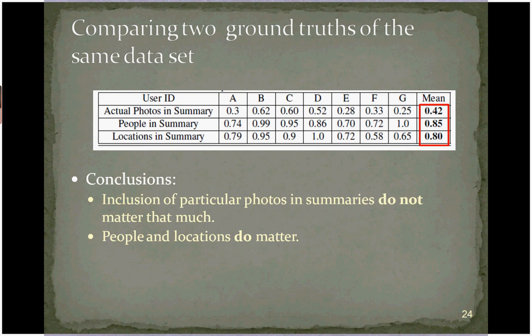We find that there exists only 40% mean overlap between two summaries of the same life event created by the same contributor at two different times. Hence, instead of evaluating summaries by comparing the raw photos themselves, we compare locations and people present in automated and ground truth photo summaries.